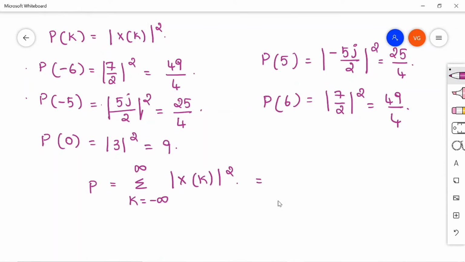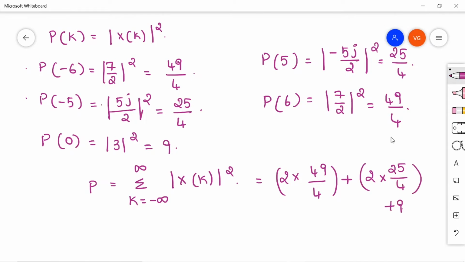So I'll add it up: 49 by 4 and 49 by 4, that is 2 into 49 by 4, plus 25 by 4 and 25 by 4, also 2 into 25 by 4, plus 9. This is just to make the calculation easier.